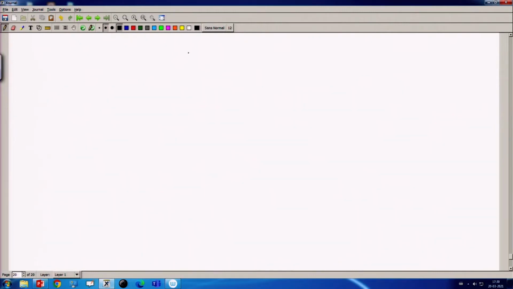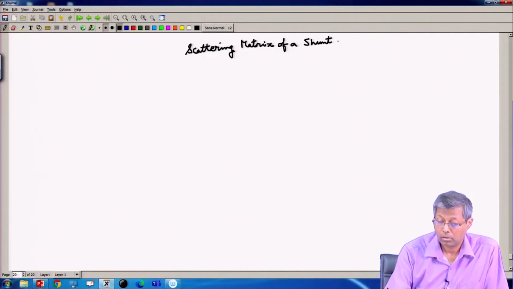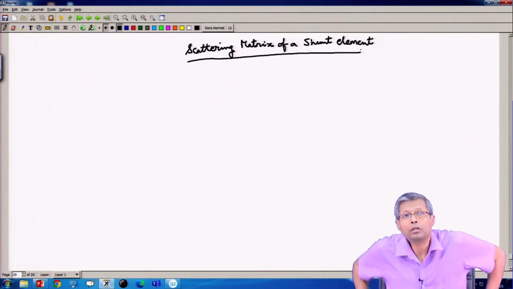We will write the scattering matrix of a shunt element.